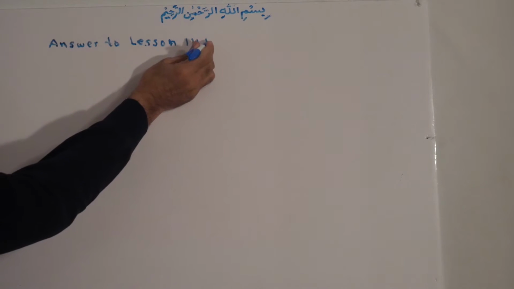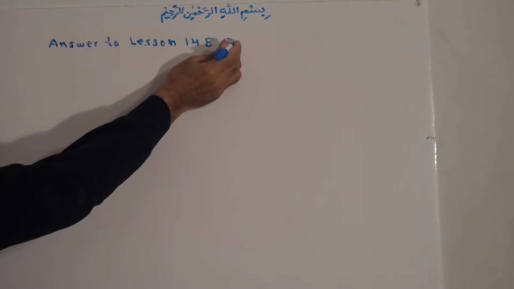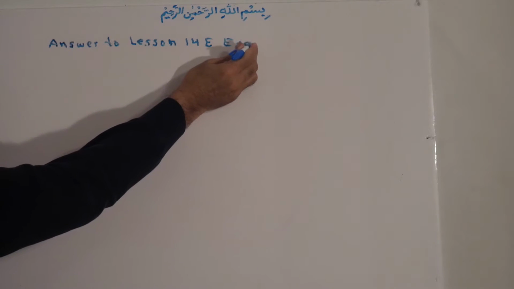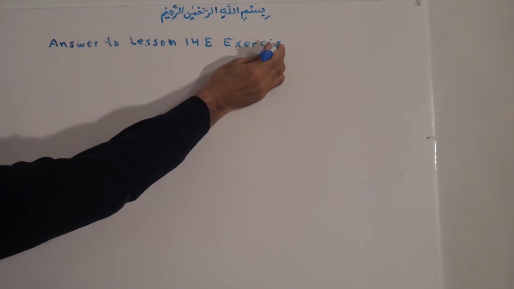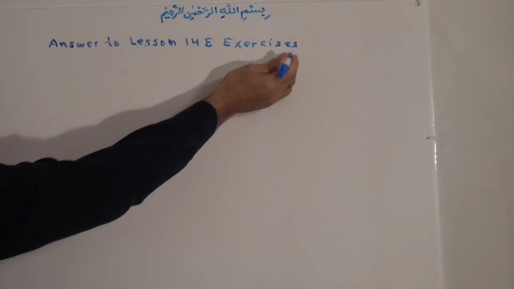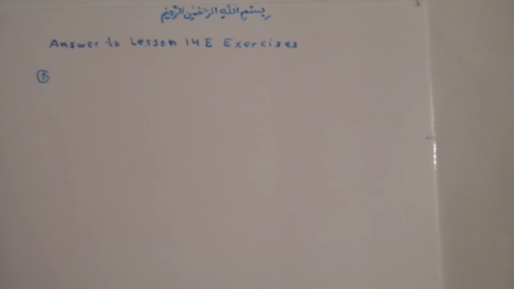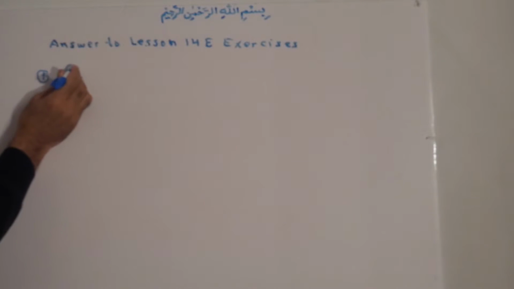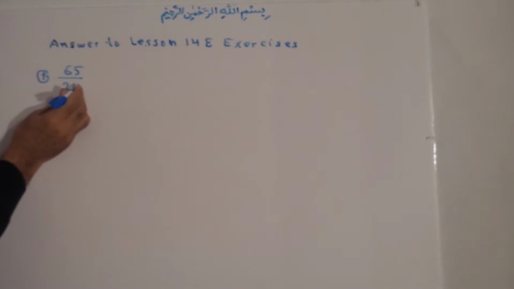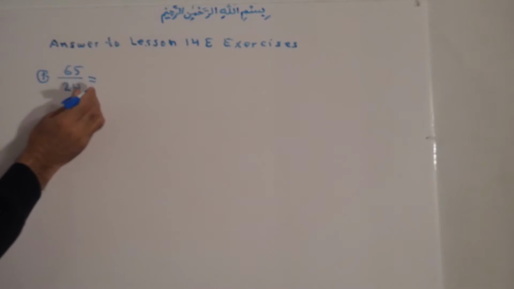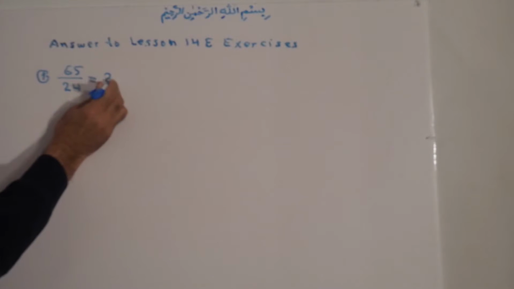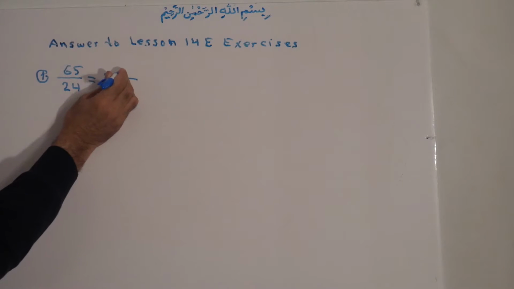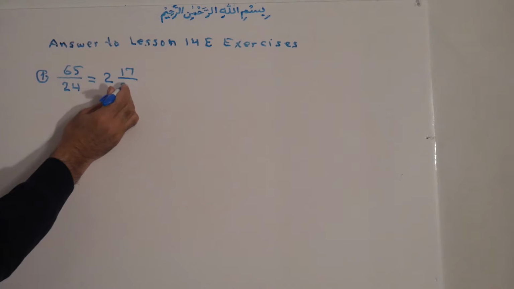Exercise number 1: 65/24, or you can write it as a whole number with a fraction, 2 17/24.